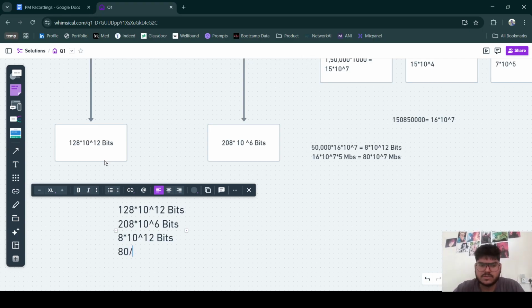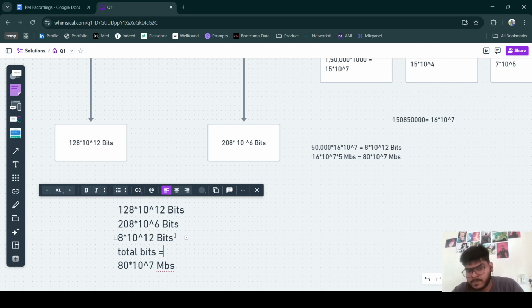Now we also have 80 times 10 raised to power 7 MBs of data. So adding all this with this part, total bits will be around. I'm assuming this much as negligible as it is around half of that for this one. So it would be approximately around 130, 140, sorry. So 140 times 10 raised to power 12 bits.